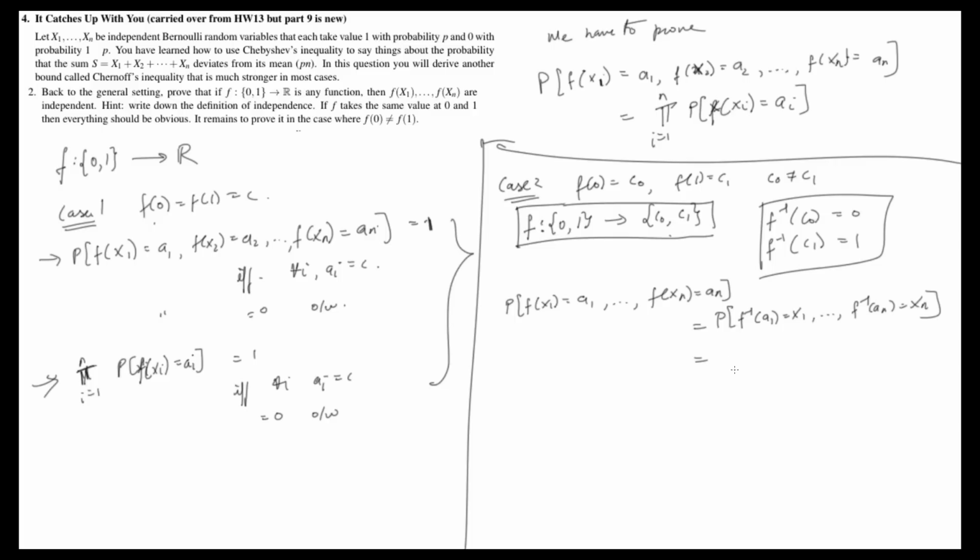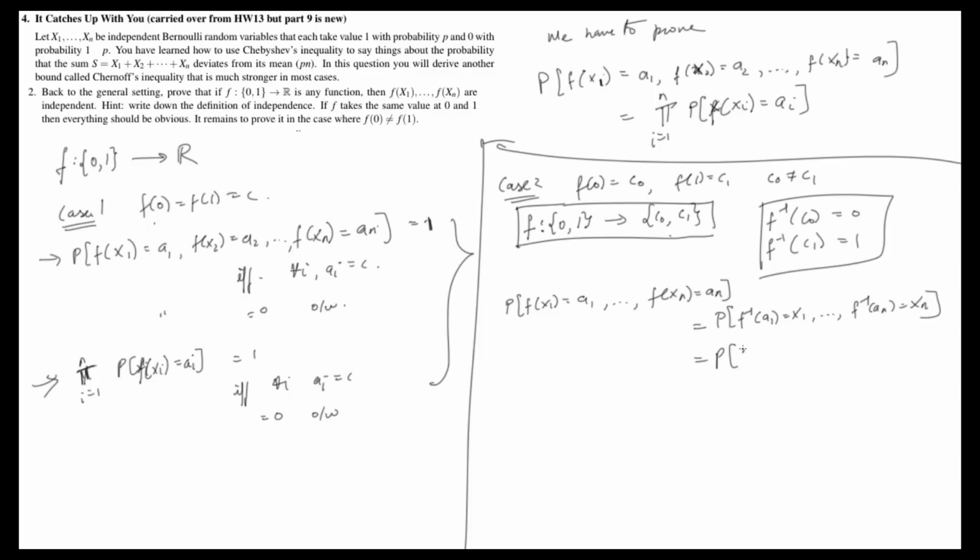Now, since we know that all the xi's are independent, the probability of x1 equal to something, x2 equal to something, all the way till xn equal to something, is just the product of the individual probabilities.